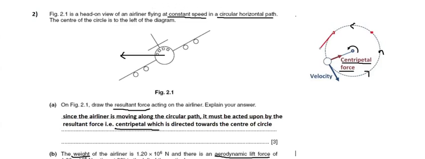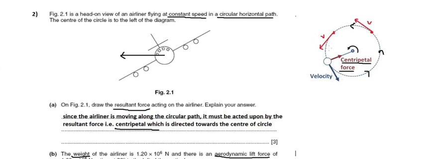The velocity is always tangential, and if I consider this point, at this point also the velocity is directed along the tangent. So at every point, the tangent is telling you the direction of velocity. Okay, this tangent is telling you the direction of velocity.